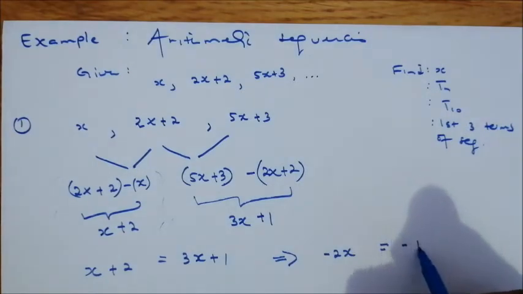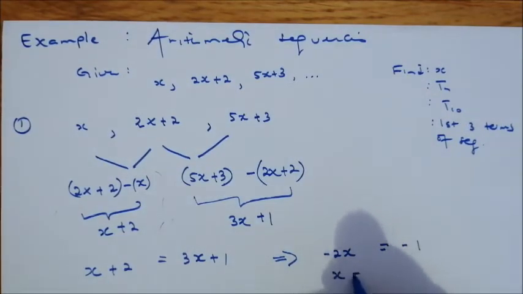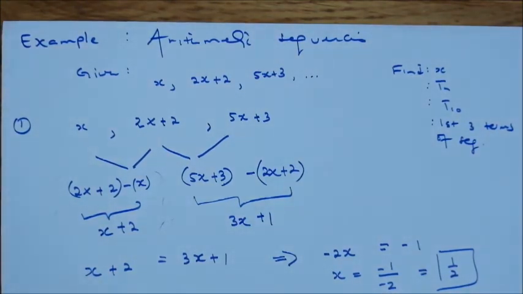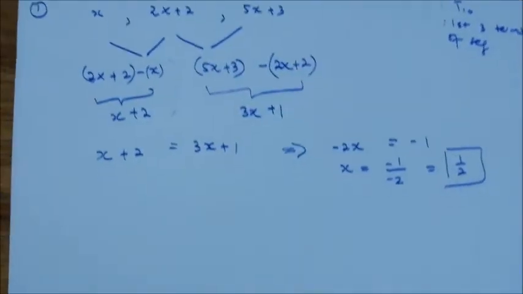That is going to be minus 1. So x will equal minus 1 divided by minus 2. That will equal 1 over 2. Right? So using this, we're able to find x. X is hence 1 over 2. Okay, let's continue, guys.